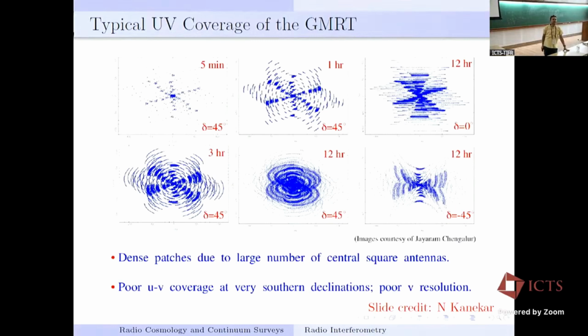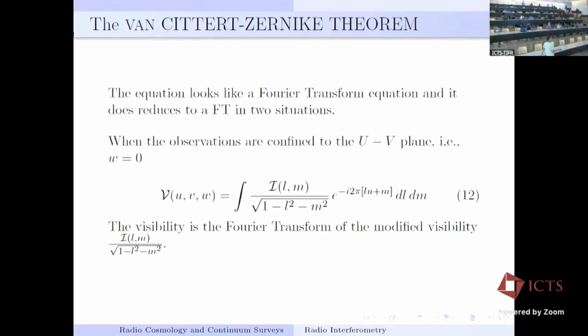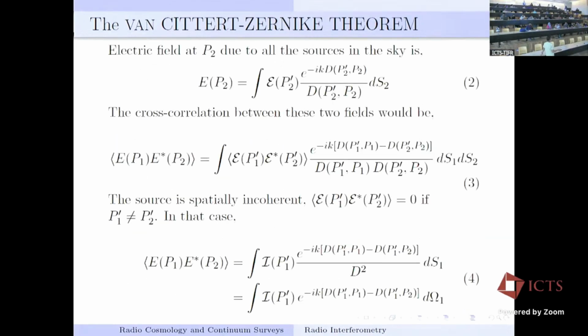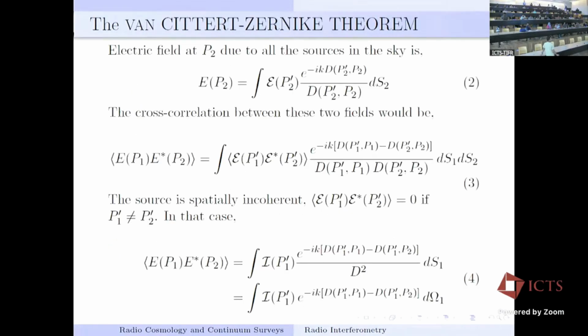Can you go to the slide where you multiply E P1 into E star P2? Yes. Previous slide. No, sorry, the next, same slide. Yeah. The second last equation. So what is that D square here? This is basically the distance. There are P1 dash P1 and P1 dash P2. So P1 dash P1 is the distance between the source and the first antenna, and this is the source and the second antenna.